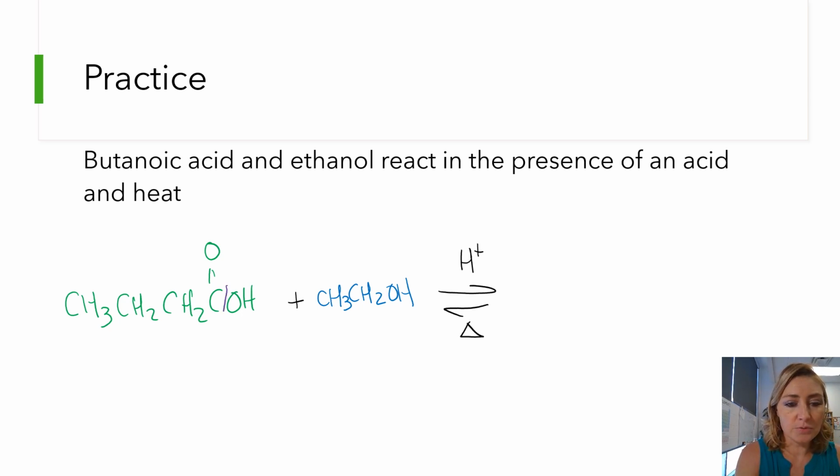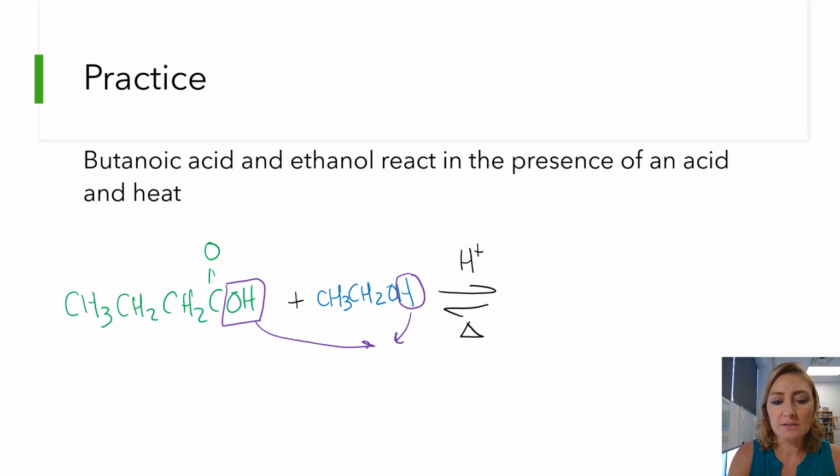I will remove the OH from the carboxylic acid, and I will remove the hydrogen from my alcohol, and this is going to form my side product, which is water. I'm just going to write it as HOH. Obviously this is H2O, you can write it as H2O, but again I just like to show the colors of where these are coming from.